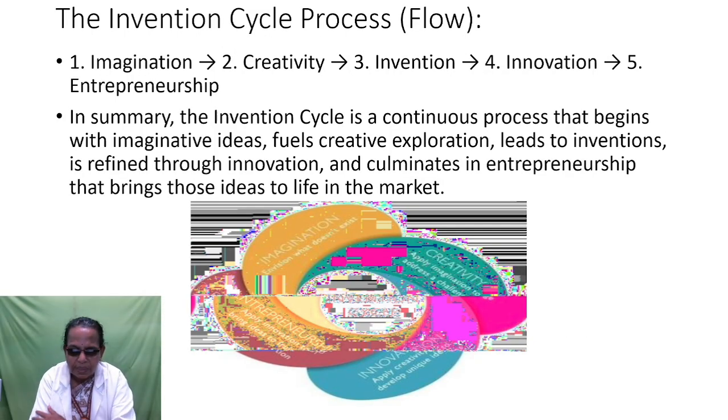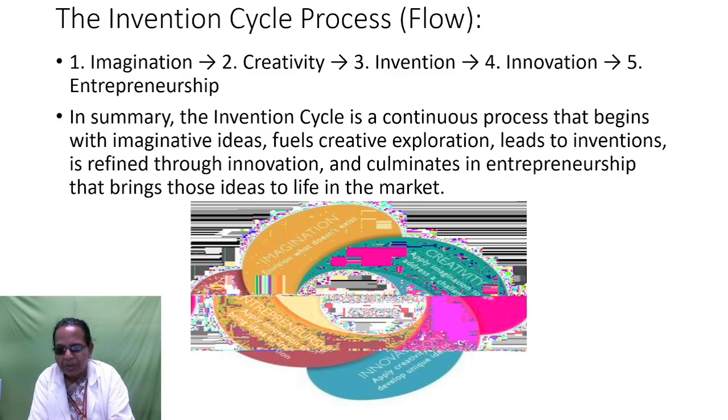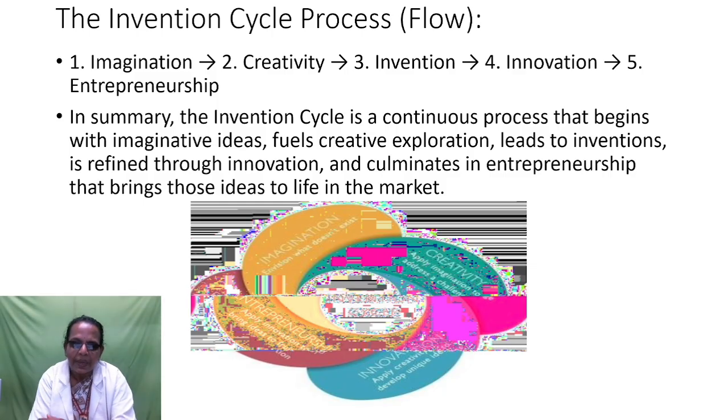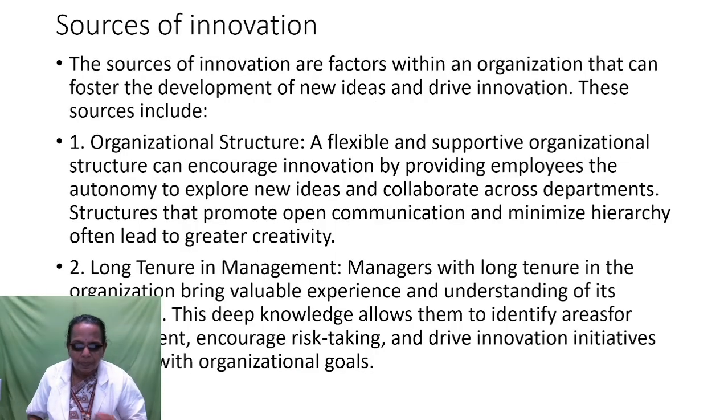Innovation cycle process. So what is the innovation cycle process? It means imagination, creativity, invention, innovation and entrepreneurship. The innovation cycle is a continuous process that begins with imaginative ideas, fuels creative exploration, leads to invention, is refined through innovation, and is brought to the marketplace through entrepreneurship.